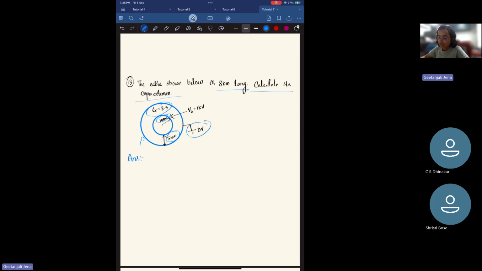The potential of the outer surface is 0 and the inner one is 1 kilovolt. What will be the potential? Sorry, capacitance.